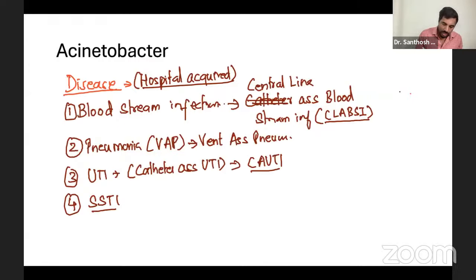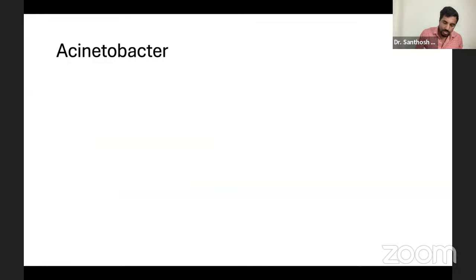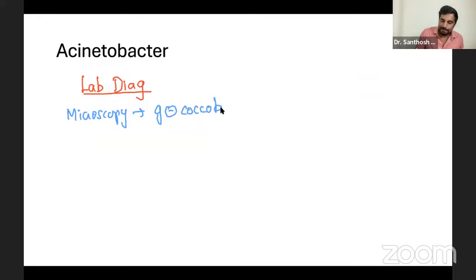Last one is your lab diagnosis. How to diagnose Acinetobacter? First, microscopy. In microscopy, you do only the Gram stain, where you will see gram-negative coccobacilli. Then culture. There's no specific media.